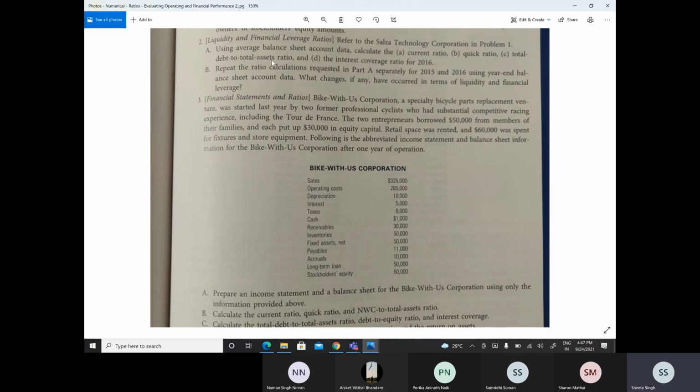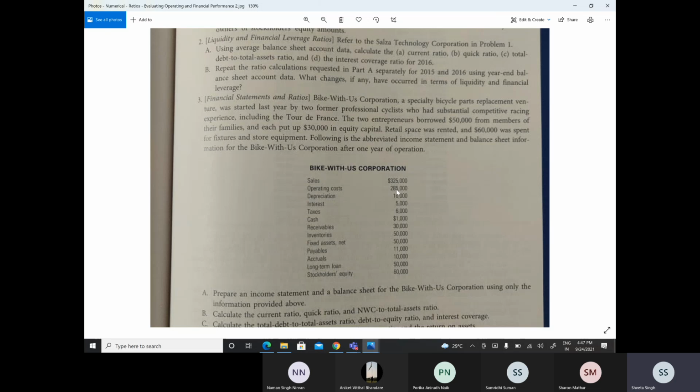A. Using the average balance sheet account data, calculate the current ratio, the quick ratio, the total debt to total assets ratio, and the interest coverage ratio for 2016. B. Repeat the ratio calculations requested in Part A separately for 2015 and 2016 using year-end balance sheet account data. What changes, if any, have occurred in terms of liquidity and financial leverage?